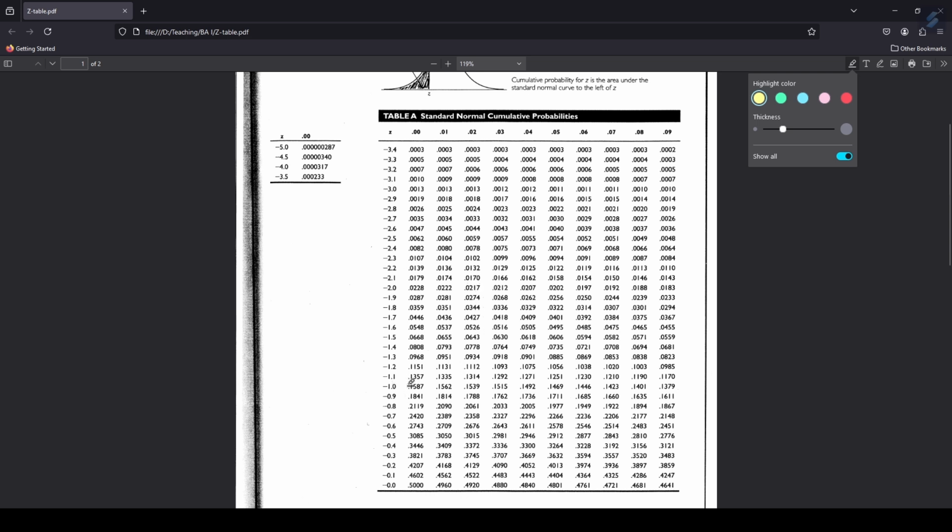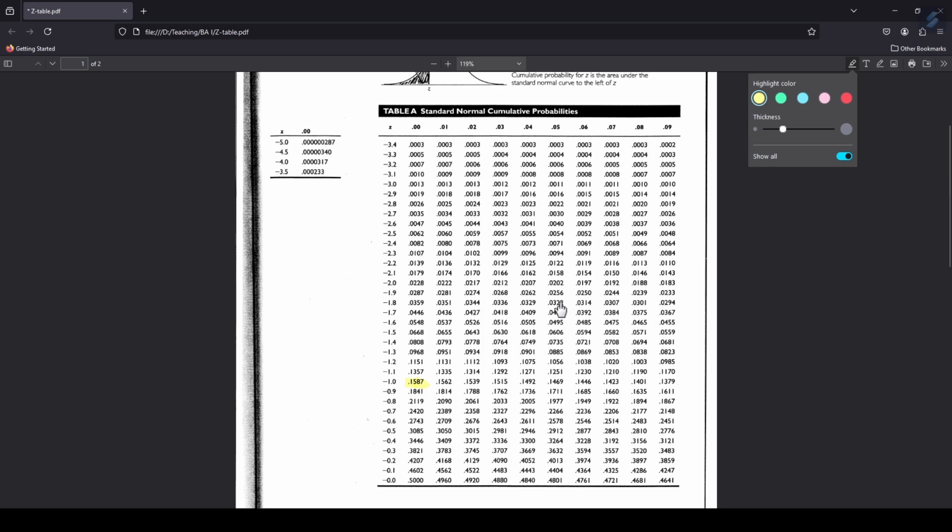So -1.00 was the z-score, and the probability is estimated to be this much area. So we are getting a probability of 0.1587.